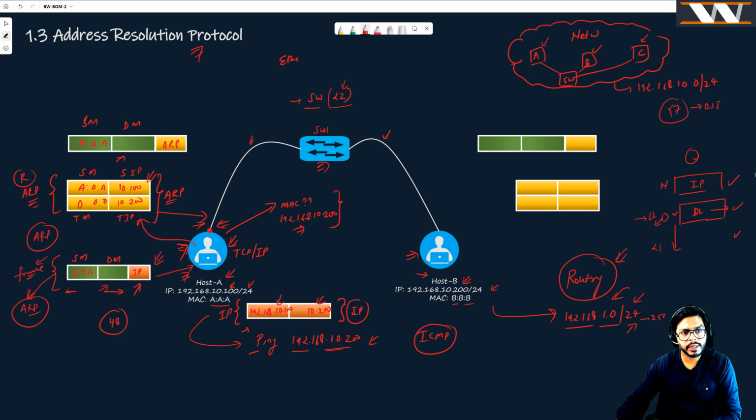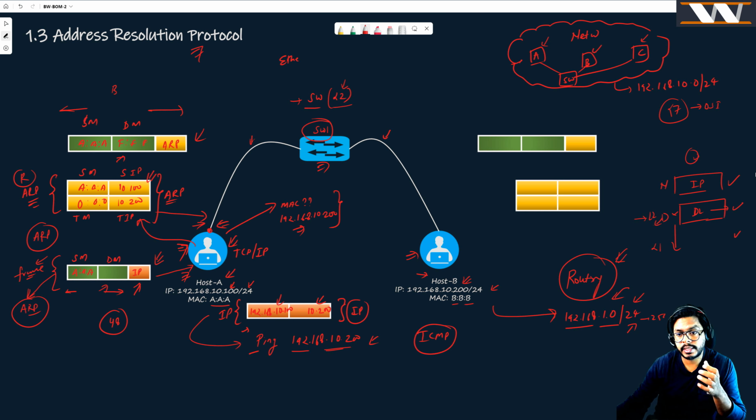broadcast address. So if you write all numbers as F, then basically in Ethernet we have programmed the switch so that if it gets a frame with a destination MAC of F colon F colon F, it is its duty to send it on all the ports except the one on which it was received.